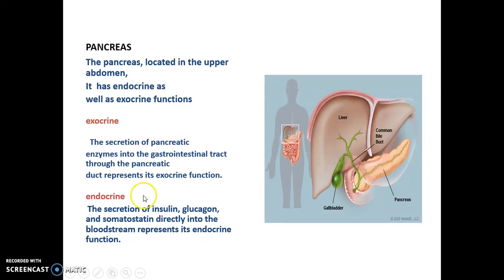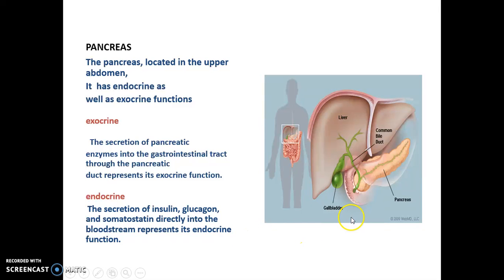In the endocrine function, the pancreas secretes insulin, glucagon, and somatostatin. These three hormones are secreted directly into the bloodstream. This represents the endocrine function.